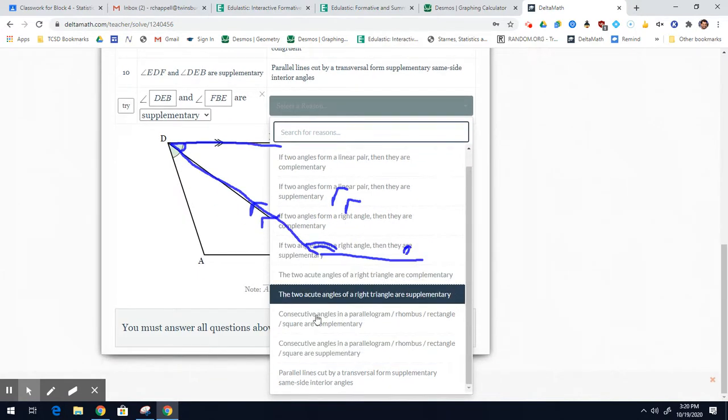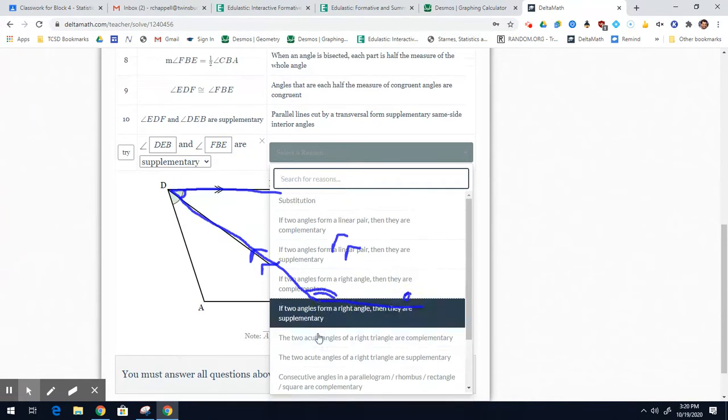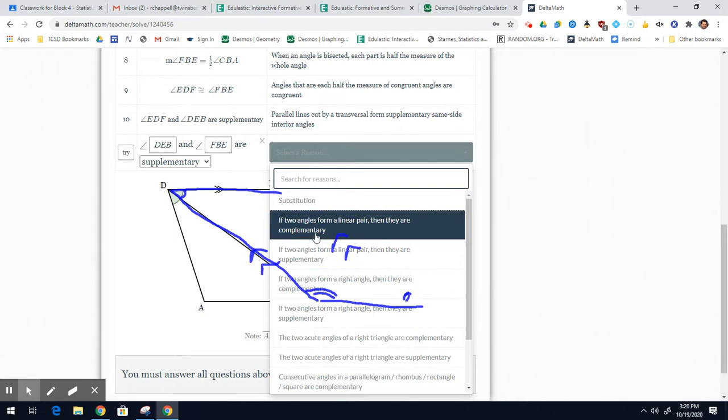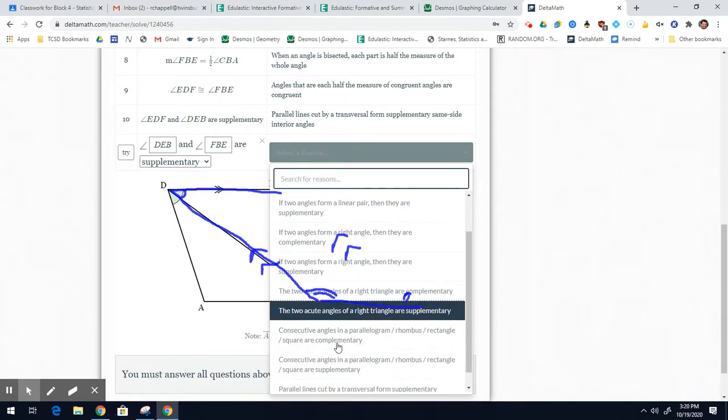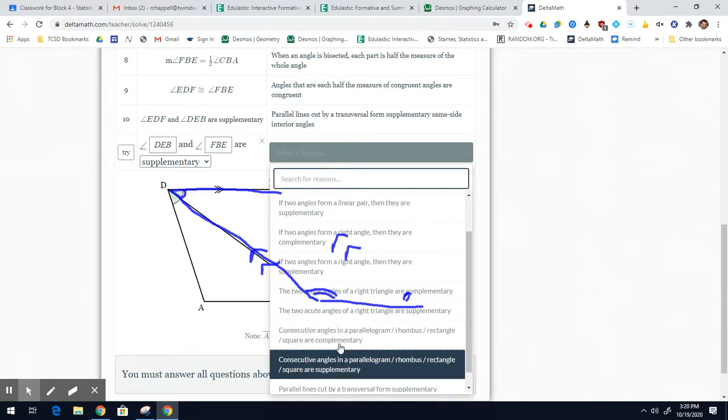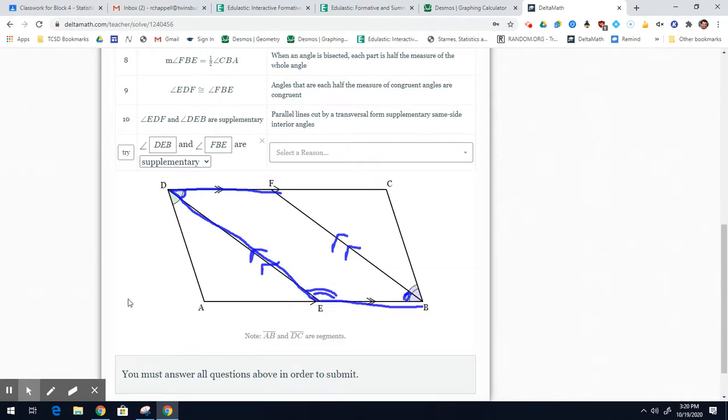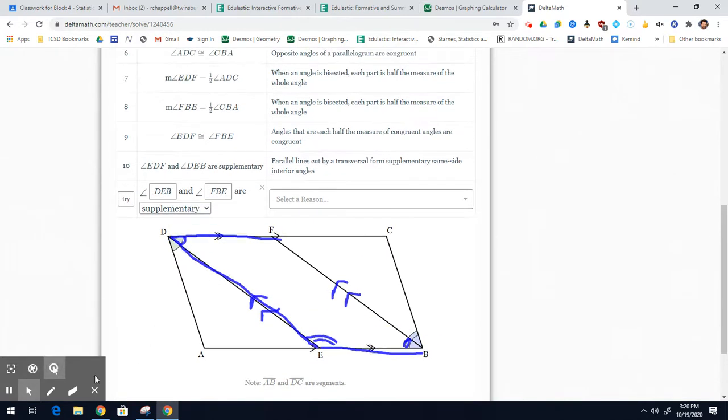So let's see. What do I got? So it says the two angles, no linear pairs, no right angles, two acute angles of right. No, never mind. Huh. I thought I could maybe show that. Let me take a pause. Oh, it's just going to be by substitution. Duh.